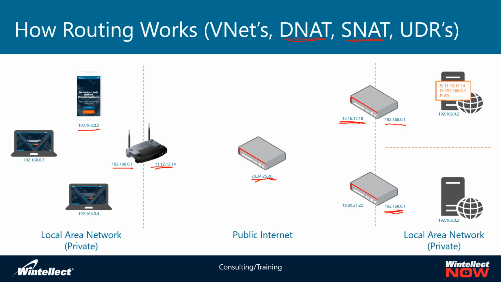And then it's probably getting destination NATed based on the fact that you're running a locally connected client, and it's getting destination NATed back to your client. So all of this is going on in real time in lightning fast speed, and we don't even realize it most of the time. And this is happening millions of times per second on your network.